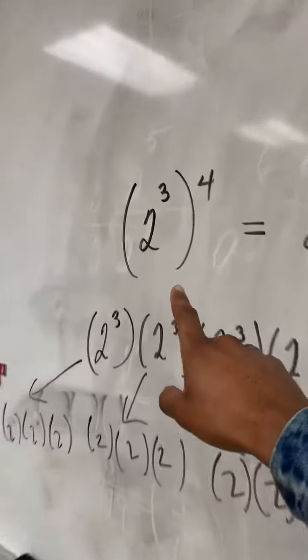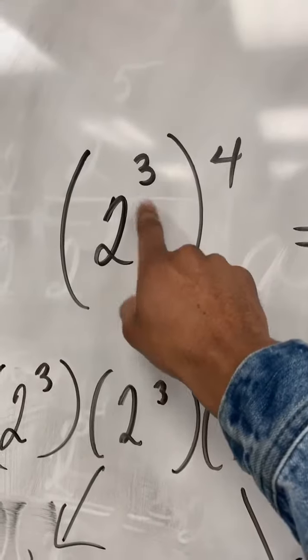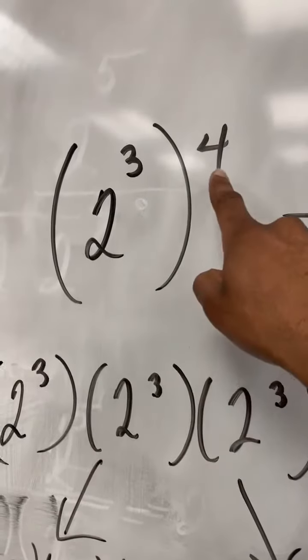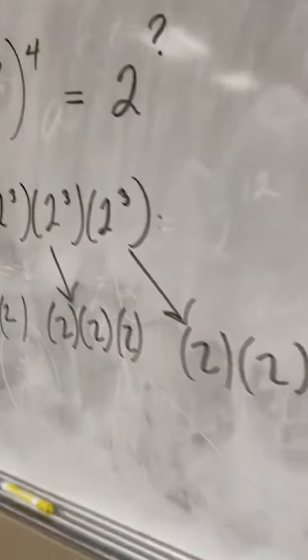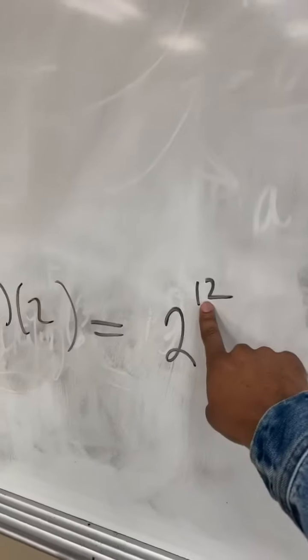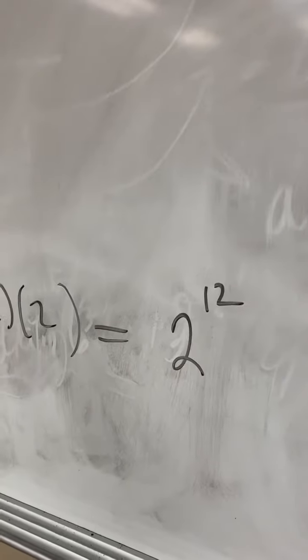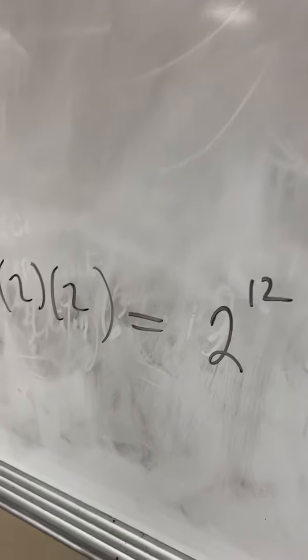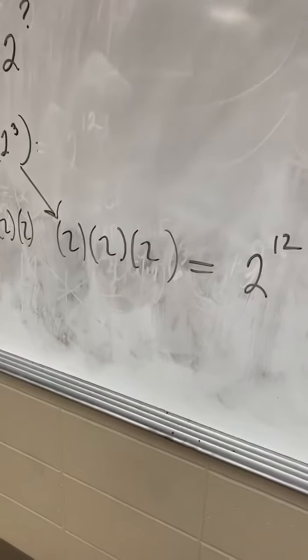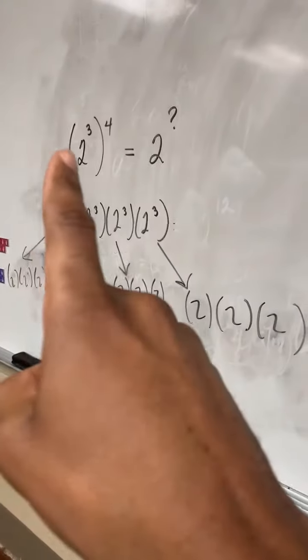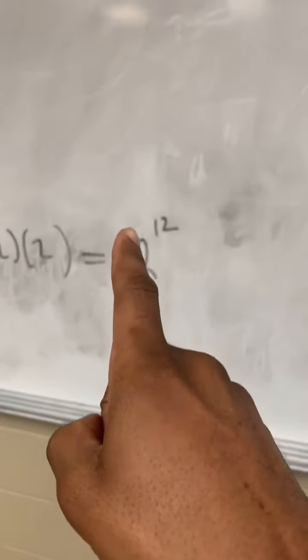Now, if we pay attention to the beginning of the problem, I have a third power being raised to the fourth power. But at the end, look at my final number, 12. So if I have a 3, a 4, and a 12, the relationship between those numbers has to be multiplication, because 3 times 4 is 12.